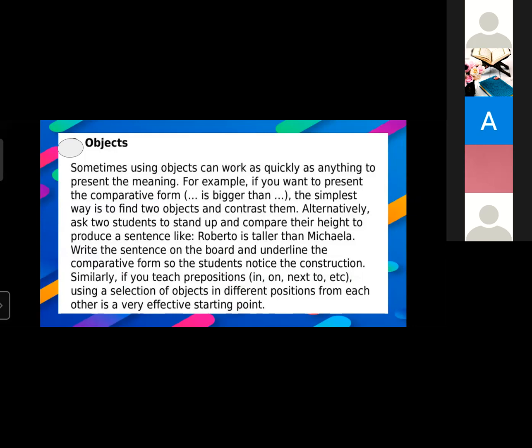Also, which one is darker, which one is lighter, and so on. So objects can be a way to start teaching grammar by pointing to some objects inside the classroom. Write examples on the board about these objects, and after that ask the children to elicit the grammar rules. So objects can be another way of teaching grammar, okay?